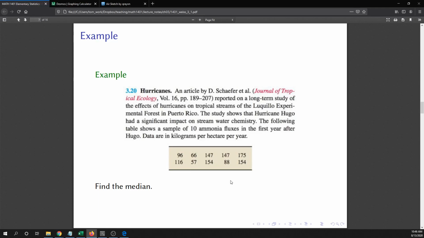So I'm going to go through and order this data set and write them down in order. So the smallest number here is 57. So I'm going to write that down. Then it looks like the next smallest is 66. Then 88.